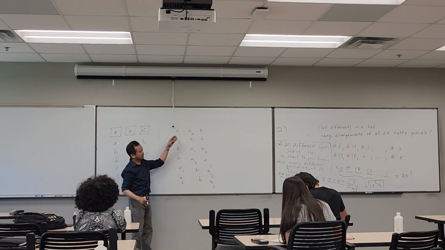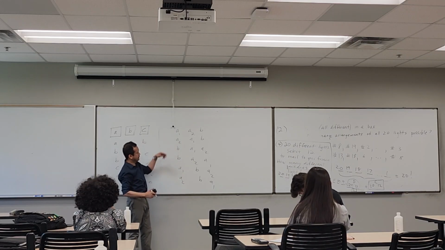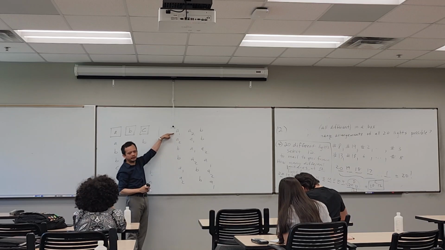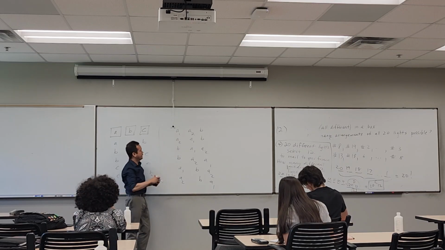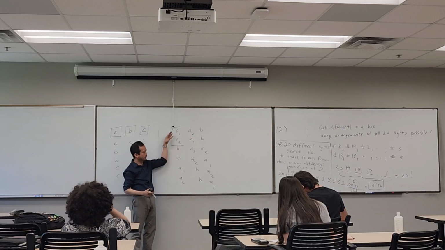But the point is that you actually can't tell the A's apart. So given that you can't tell the A's apart, then this first one would actually be the same as which other one? The second. Yeah, these two would actually be the same, and they'd be considered the same possibility.